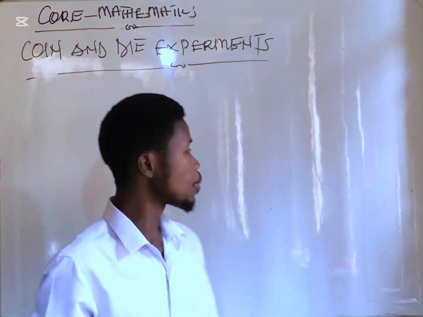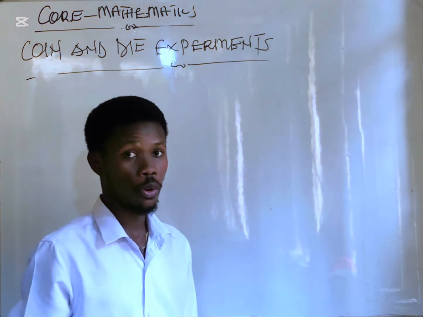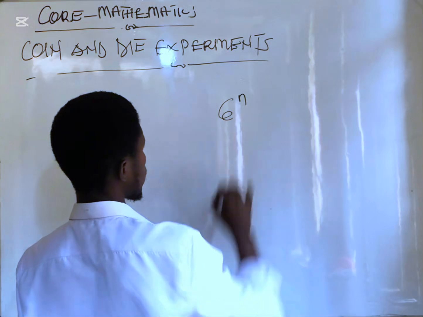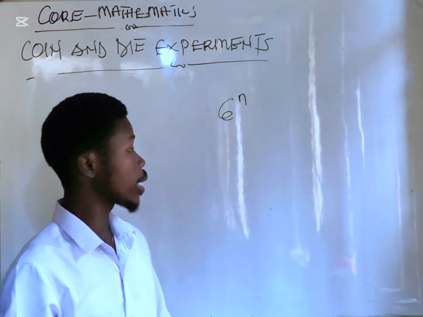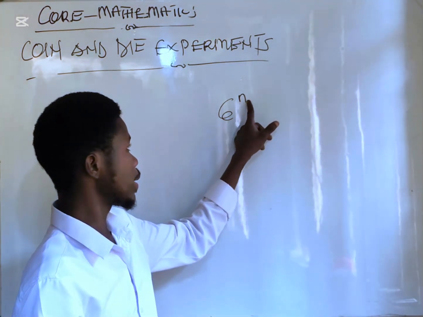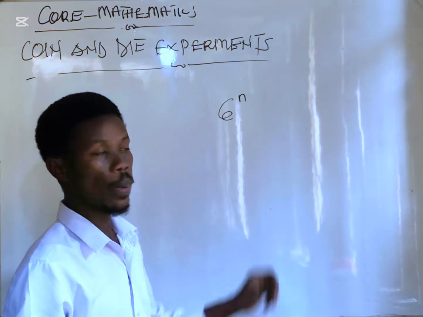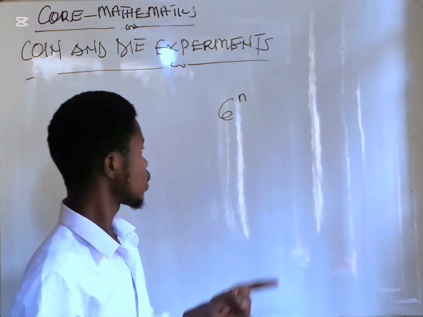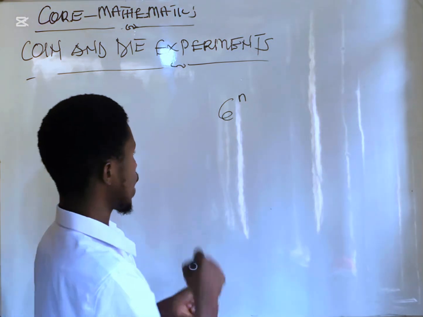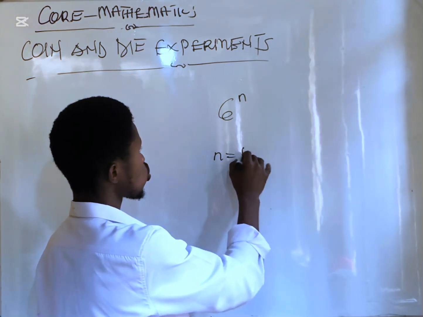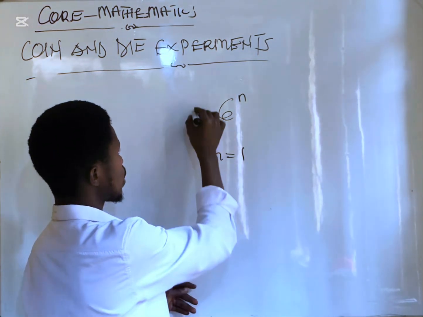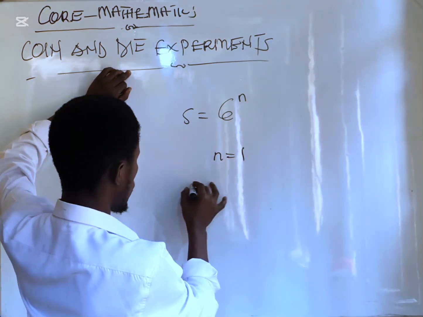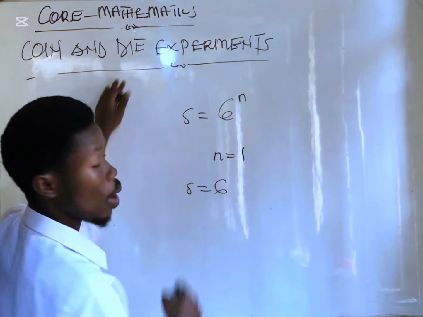Is that okay? So for you to do that, we have a formula for the die. The formula for throwing a die is 6 to the power n. When you throw the die once, n is 1, so the sample space will be 6, because 6 to the power 1 is 6.